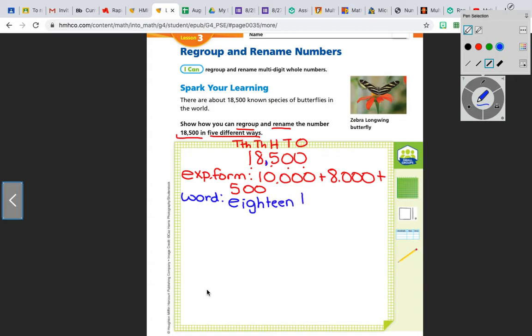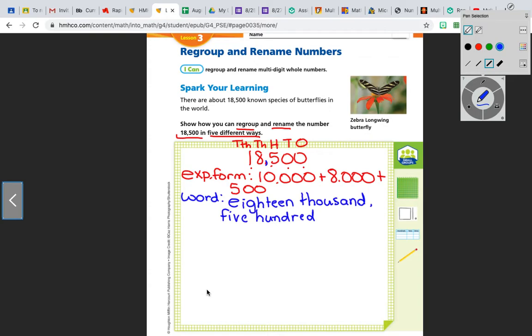After you write the 1,000, you put a comma, 18,500. So 18,500.